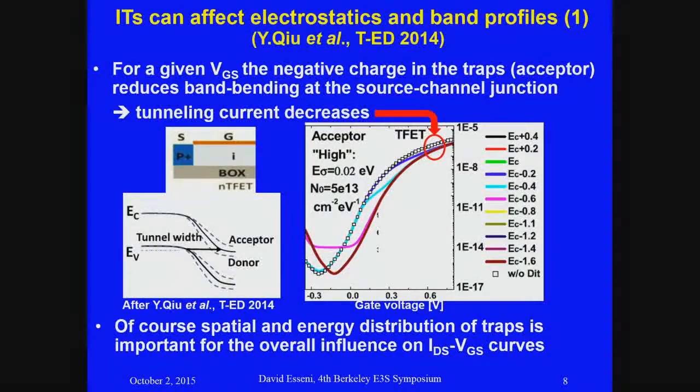It is quite interesting that if you think about the effect that traps can have on the band bending, they not always and not necessarily have a detrimental effect on the IV characteristics.